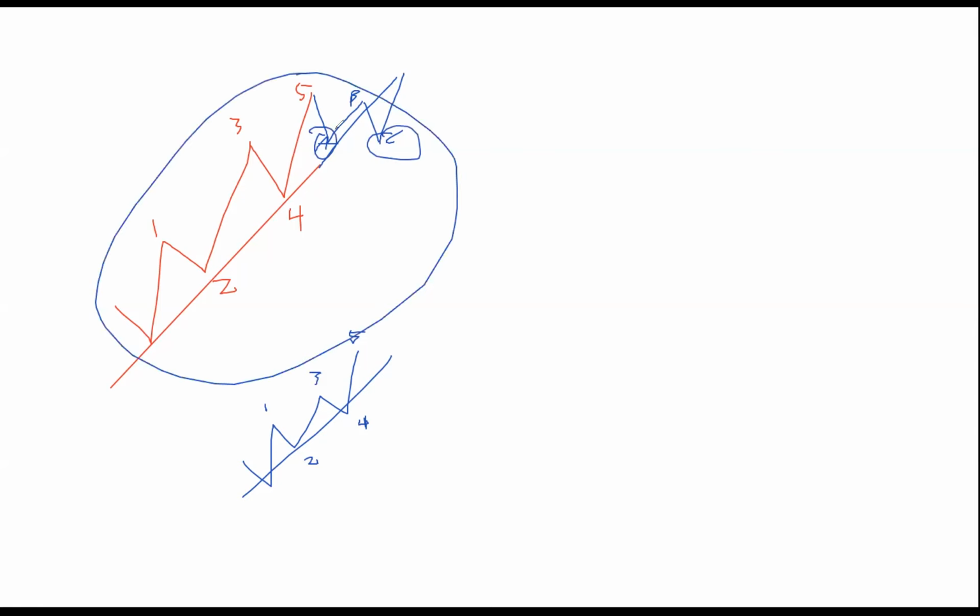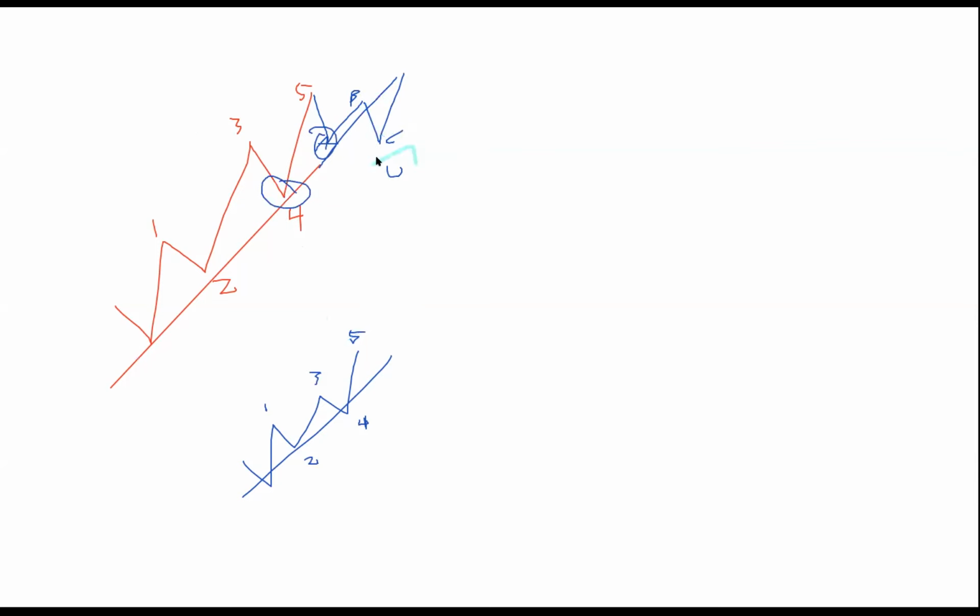So how do we identify that? Here's the last touch. If C created a low here, and the market came back and broke the zone, then we have to pay attention to the retest of that last touch. Right? Marcus. Exactly. Does that make sense? Yes.